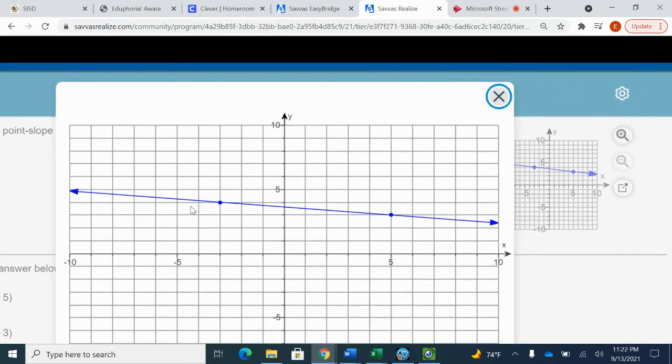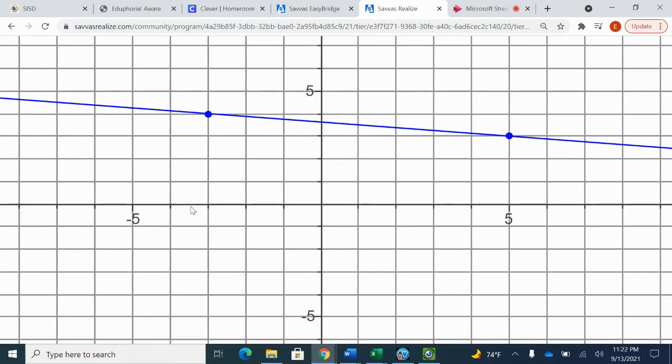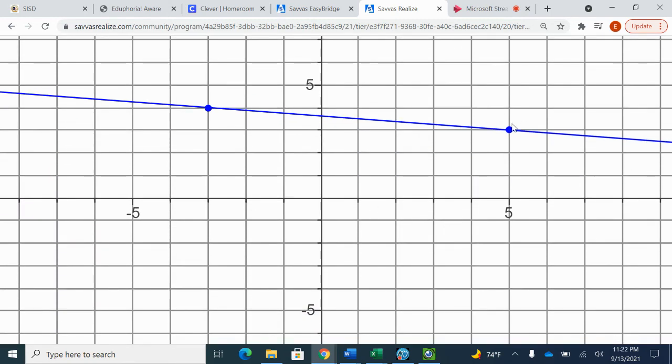So looking at this, I'm first going to start out by finding the points because those are by far the easiest to find. So looking at this here, this point here, again, starting at the origin, 1, 2, 3, 4, 5. And I go up 1, 2, 3. So my first point, which is the right point, is 5, 3.